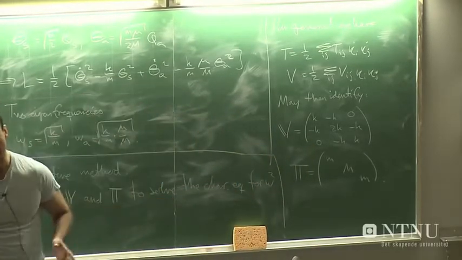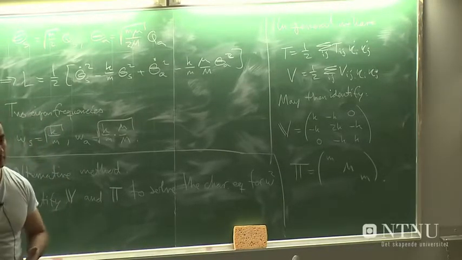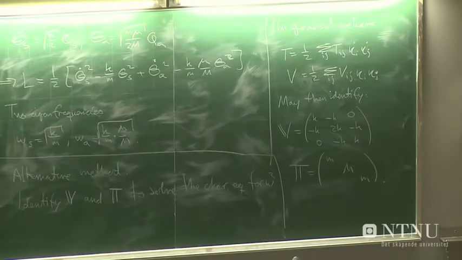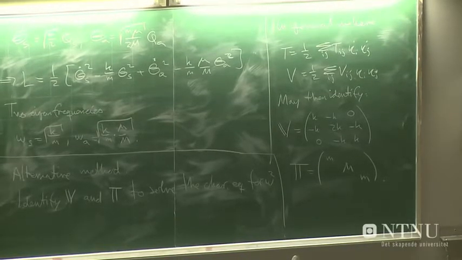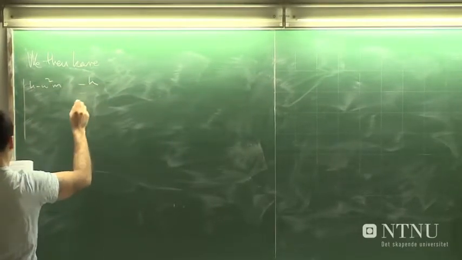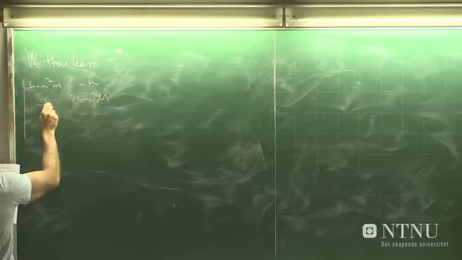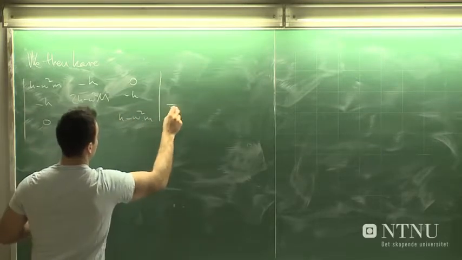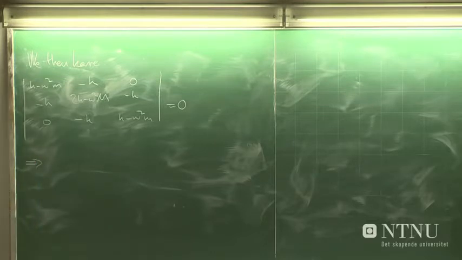So the fact that V is not a diagonal matrix tells us right away that the normal coordinates are different from these original generalized coordinates. This is the determinant we need to solve to find eigenfrequencies.